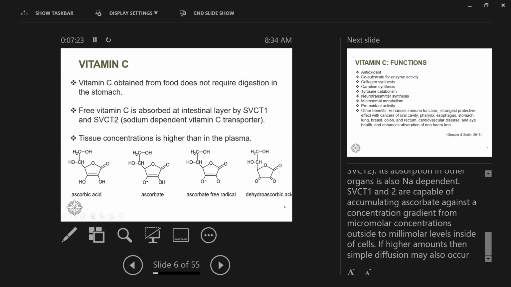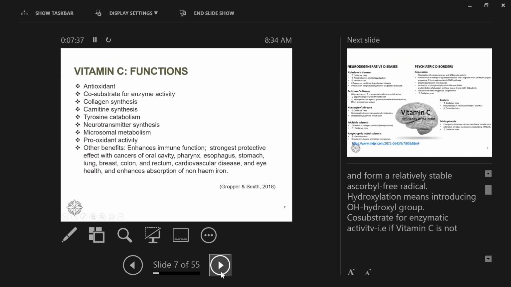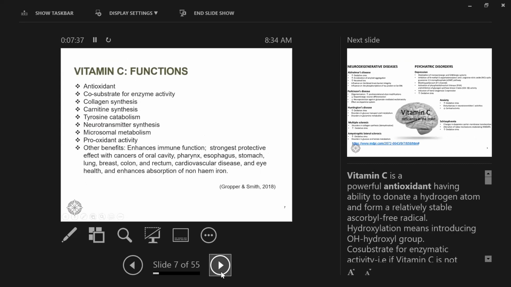And then the free radical, when it is doing its antioxidant work, and it has donated the other one as well. And then there is a form called dehydroascorbic acid. And we'll know why I'm talking about that when we move a little further.